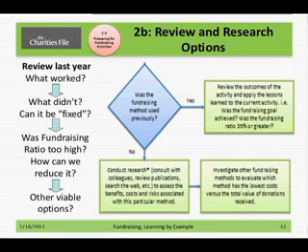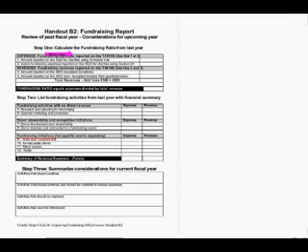So I've got a couple of worksheets here that look a little bit more at reviewing the last fiscal year. The recommendation would be that these worksheets are ideas that you could utilize and then modify according to the scope of whatever fundraising planning you're looking at.